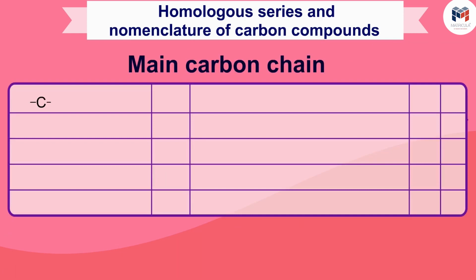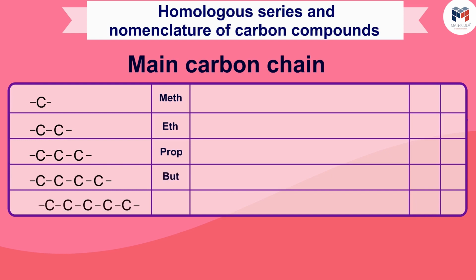If there is one carbon, then we will write meth. If there are two carbons, then we will write eth. If there are three carbons, then we will write prop. If there are four carbons, we will write but. If there are five carbons, then we will write pent.